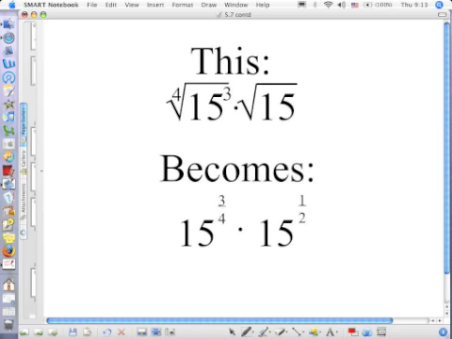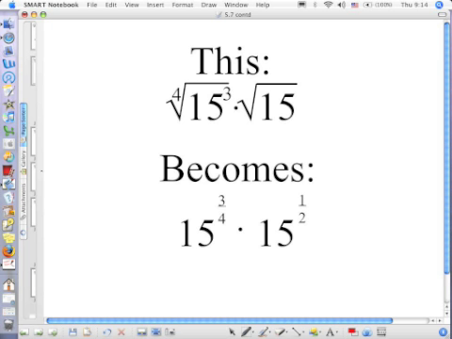Okay, if I asked you to simplify this, the fourth root of 15 cubed times the square root of 15. All right, now the good thing is that the 15s are the same. But the bad news is they're not under the same radical. So how do I deal with them?